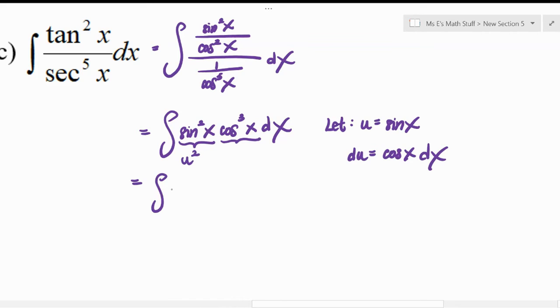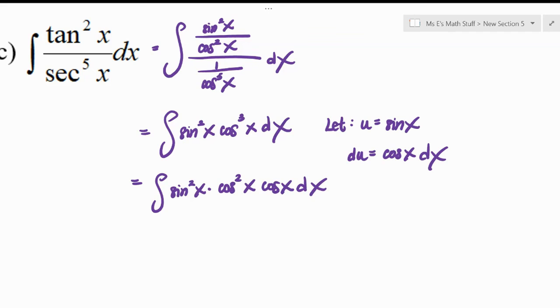So let's see, I'll write it like this. There we go. Okay. Now, writing this in terms of u, this would be u squared. This would be 1 minus u squared because of a Pythagorean swap, and that's du.